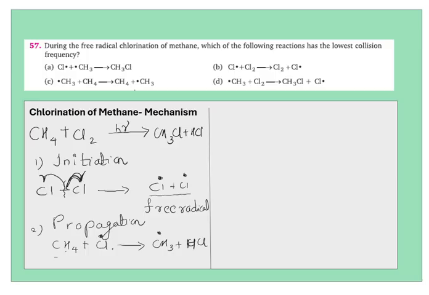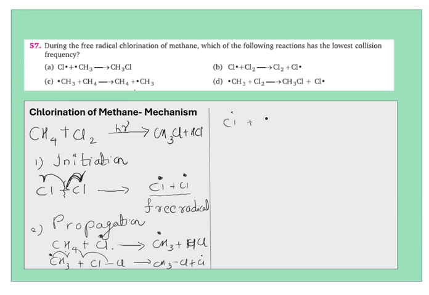A methyl. Now this methyl will collide with the chlorine molecule. What is a chlorine molecule? Cl2. Again it will undergo homolytic fission. So it's going to form methyl chloride and a chlorine free radical. I think now you can guess what happens to this chlorine, right?